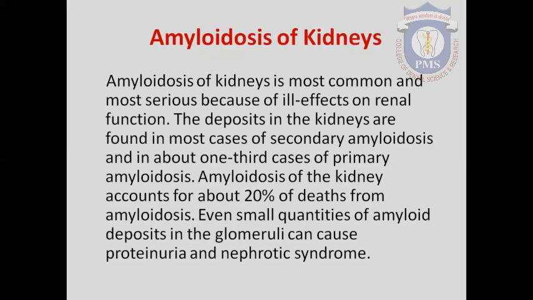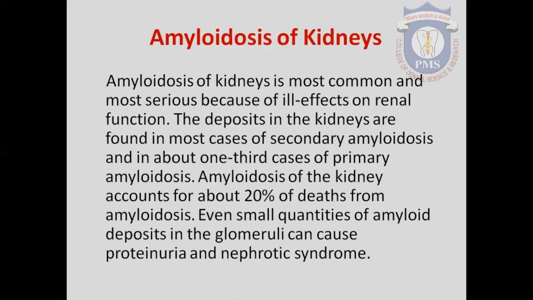Amyloidosis of kidneys. It is the most common and the most serious because of ill effects on renal function. The deposits in the kidneys are found in most cases of secondary amyloidosis and in about 1/3 cases of primary amyloidosis.